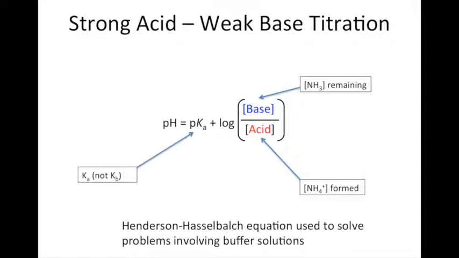And then, of course, for the pKa, we need our Ka value, not the Kb that we're given. We're going to need a Ka in order to use the Henderson-Hasselbalch equation. So let's take a minute, and we need to get our Ka value in order to solve. So let's do this one first and figure out how to get the concentration of ammonium formed.